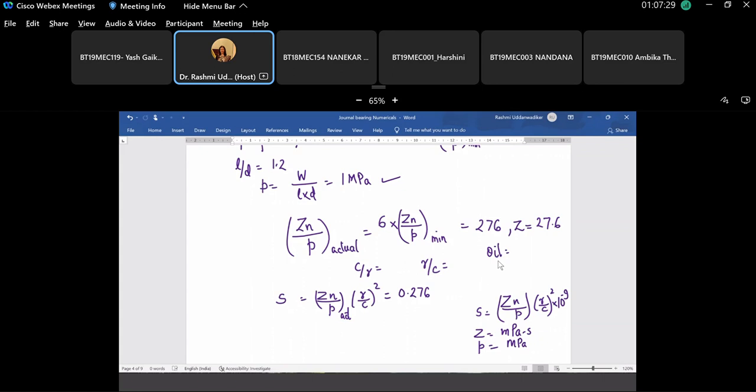The temperature is not to exceed 85 degrees. Refer to the graph. Give me the oil. For 85 degrees, 27.6. Ujjwal, which oil? Correct, SAE 60.